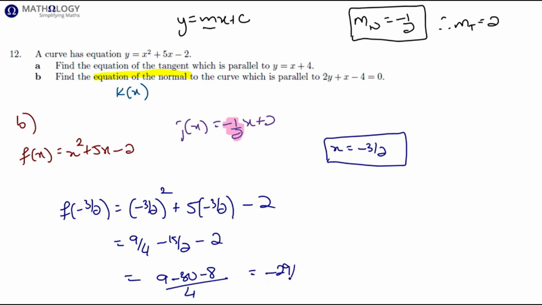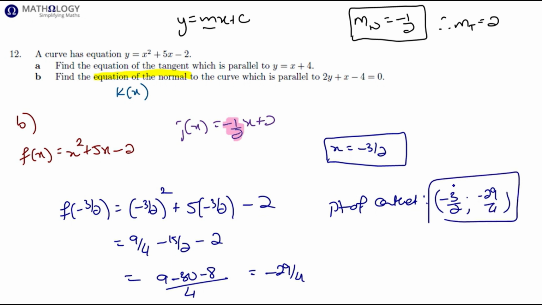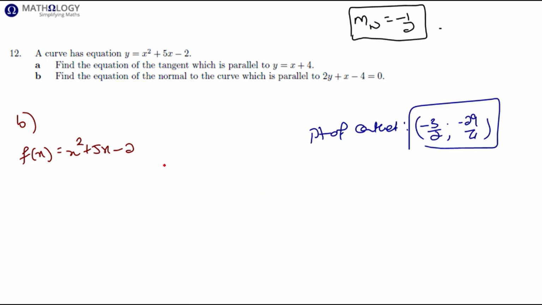It's minus 29 over 4. So the point of contact would be minus 3 over 2, minus 29 over 4. Now we have the point of contact, we have the gradient of the normal. We can now find the equation of the normal.